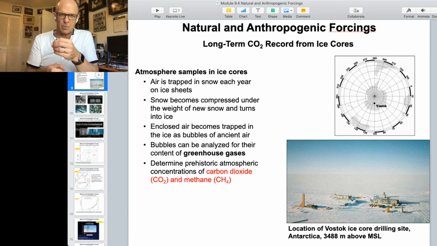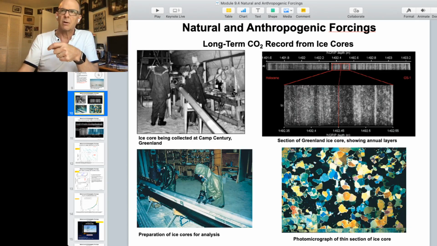We drill these very deep cores, and we can see the layers year after year after year, as you see in this picture here, the annual layers, so we can count the years back, and we can take air samples out of those little bubbles of trapped air deep, deep in the core. And then we've got an air sample of the atmosphere from going back hundreds of thousands of years.